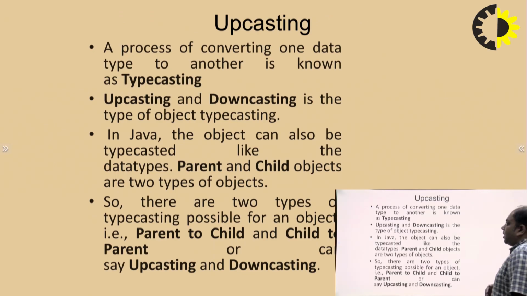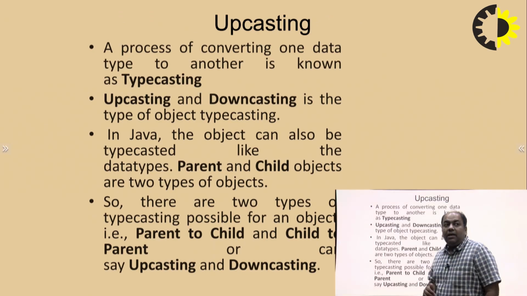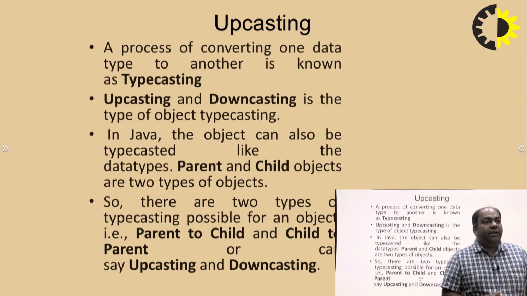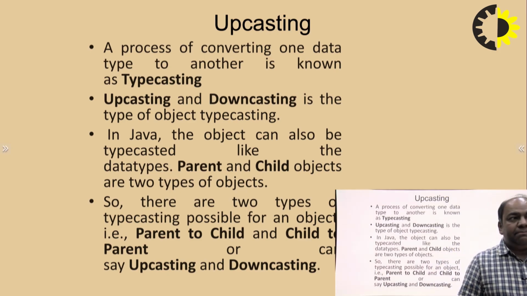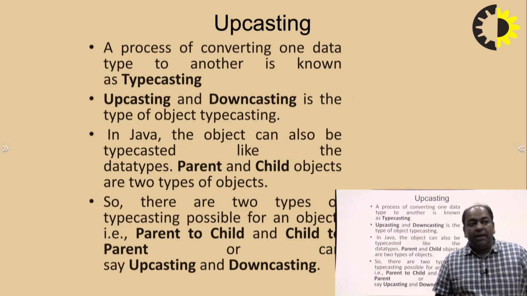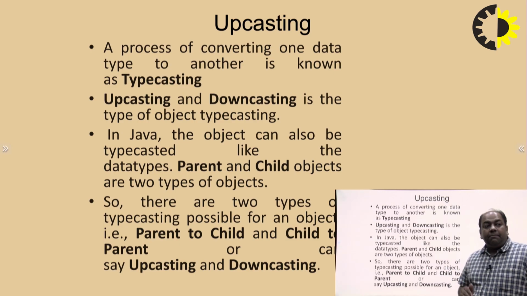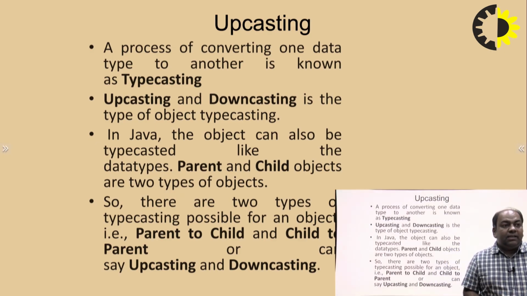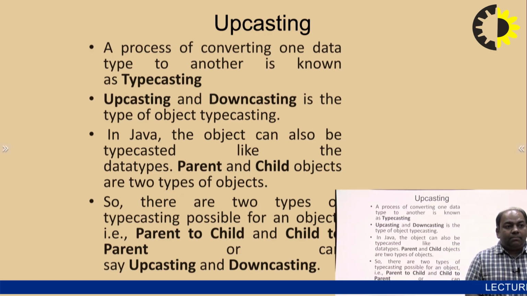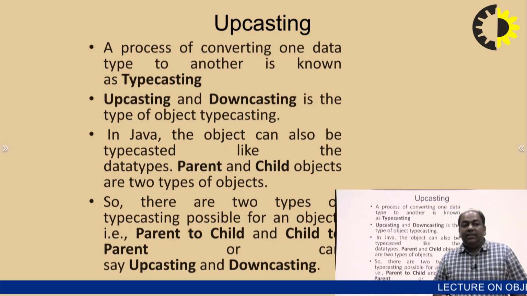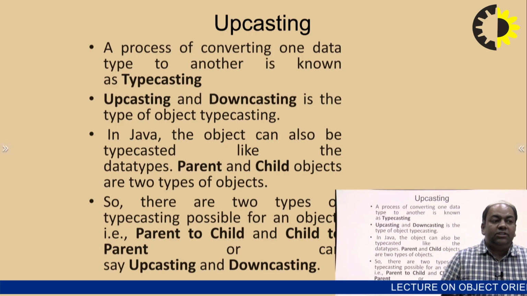Okay. So now what is upcasting? The process of converting one data type into another type is known as typecasting. The typecasting can be of two types: one is upcasting and the other is downcasting. Upcasting means we are typecasting a child to a parent, and downcasting is the parent to a child.